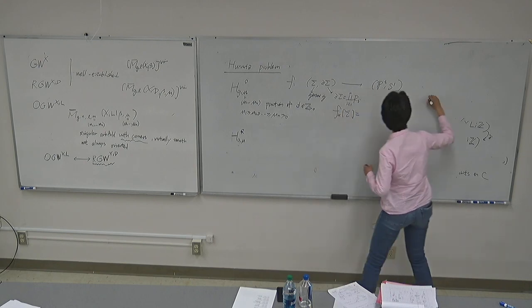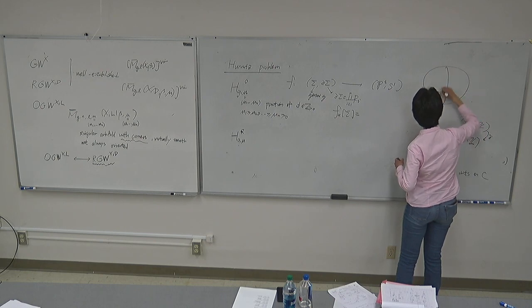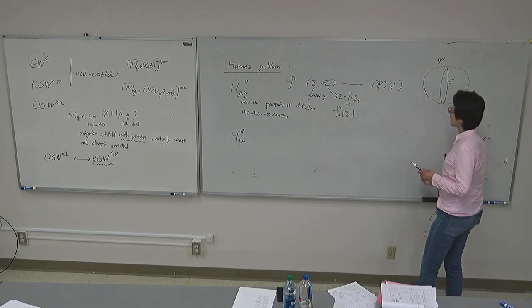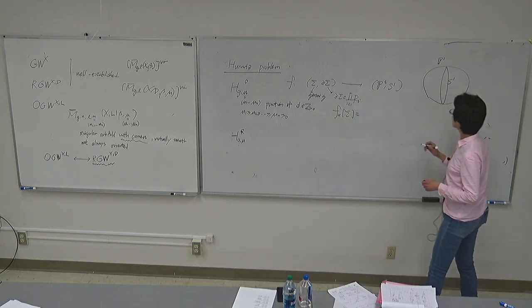So F sigma is okay. So let me draw a picture here. So this is P1 and a circle. So this is an open. So in this case, X is P1 and L is a circle.